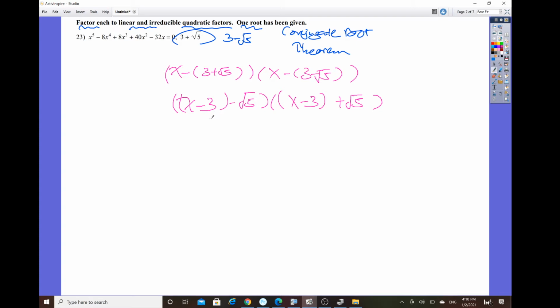This is the conjugate, difference of two squares pattern: this one is a, this one is b, here's a, and here's b.